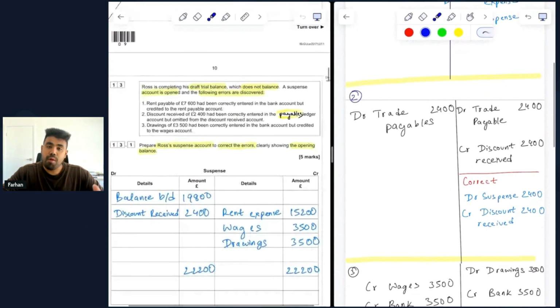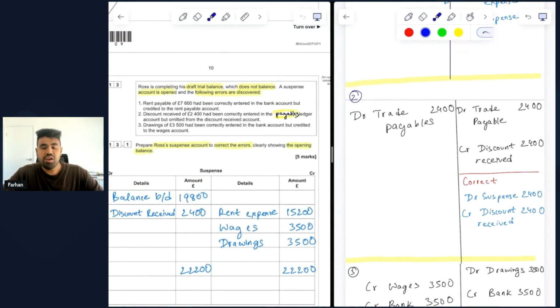Now, if you have read the marking guide, the second transaction here had a slight mistake in the exam question, but they awarded full marks to students who even did it using the wrong method that was given to them. So let's start with discount received of £2,400 had been correctly entered in the payables ledger. In the main exam, this was written as receivables ledger, but the correct one should have been payables ledger because we're dealing with a discount received.